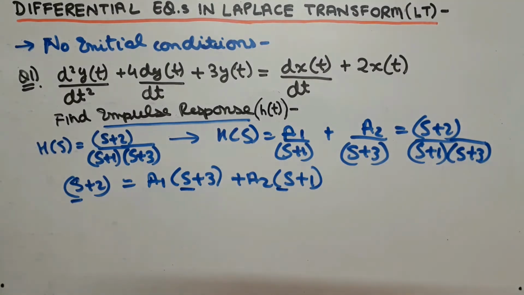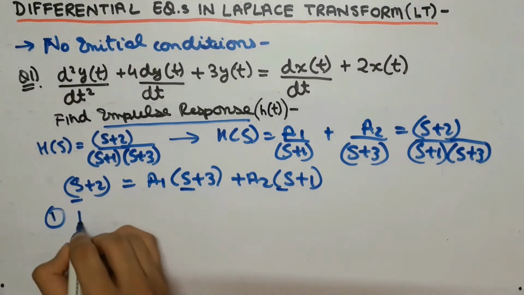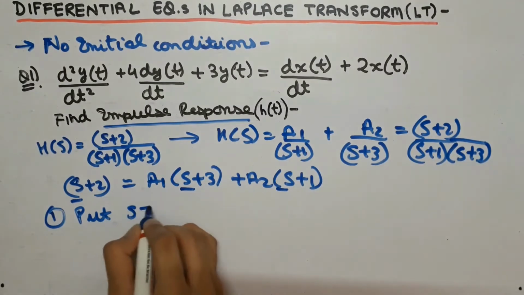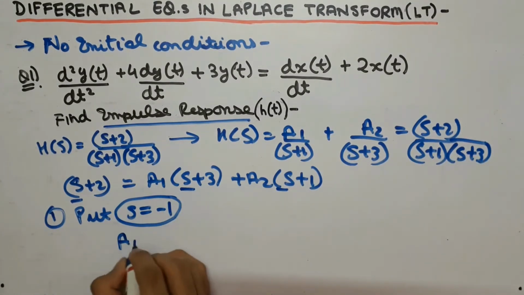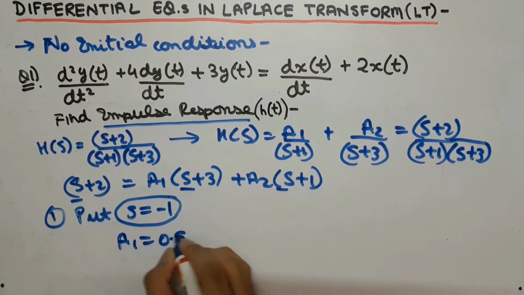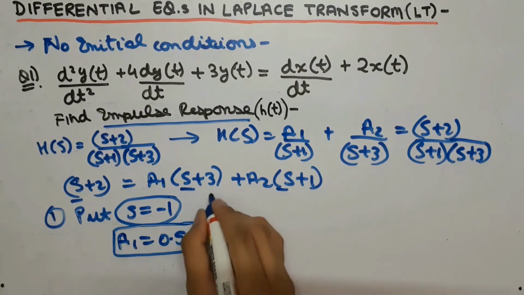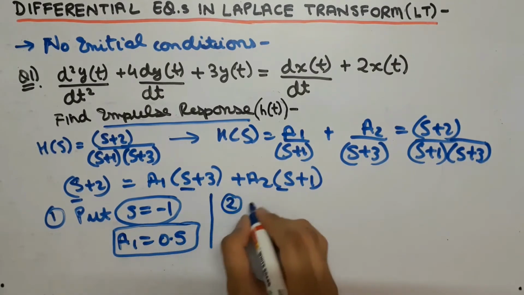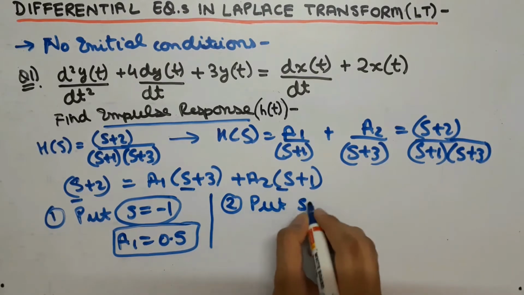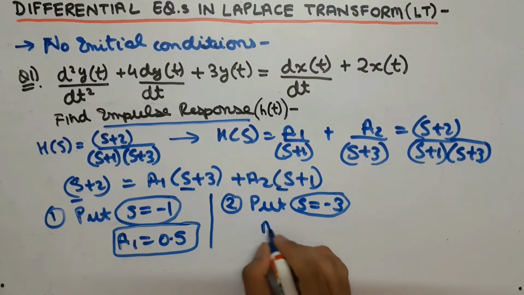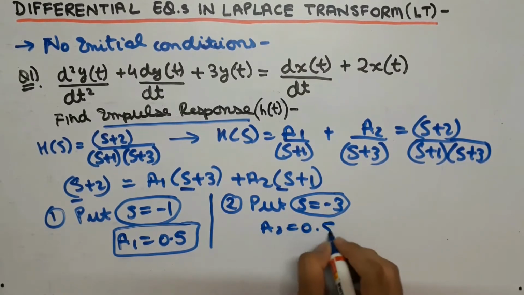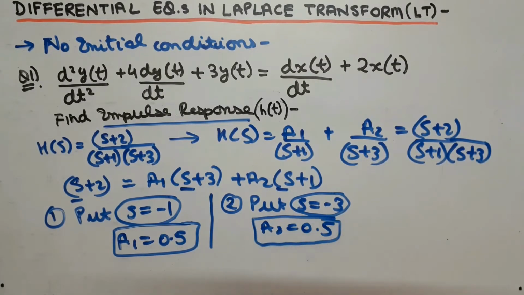First we put s as minus 1, and we get the value of a1 as 0.5. Similarly, we put s as minus 3, and from there we get the value of a2 as 0.5.